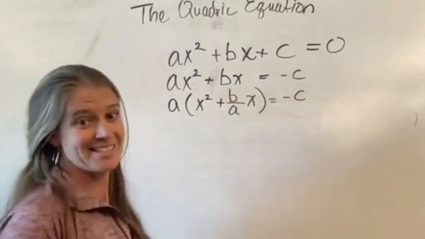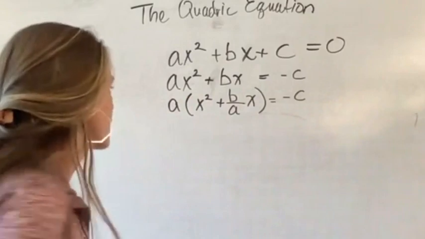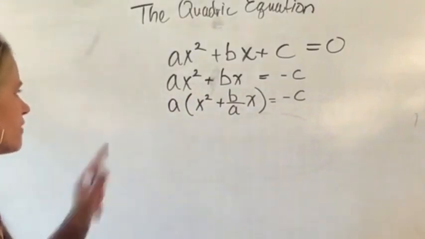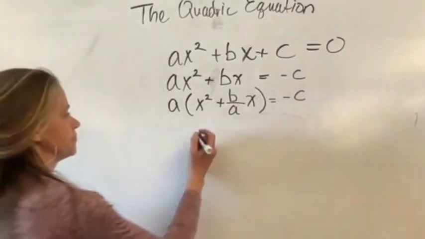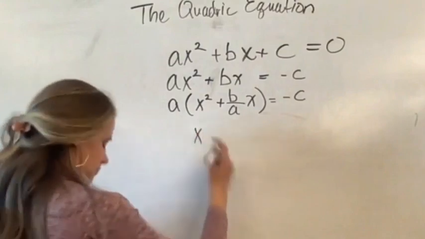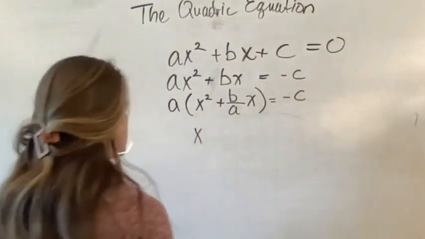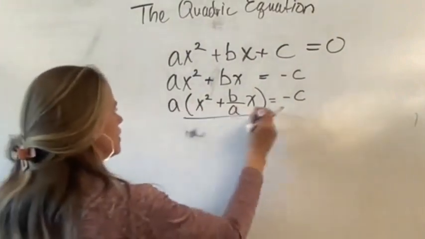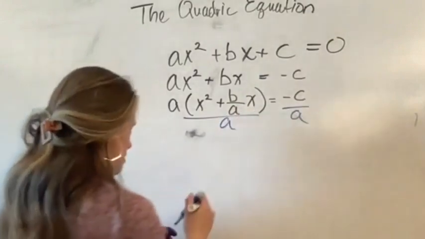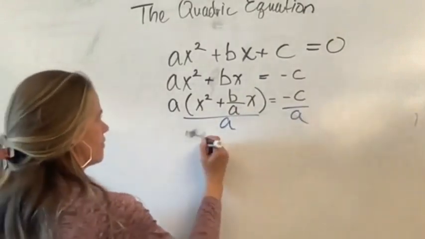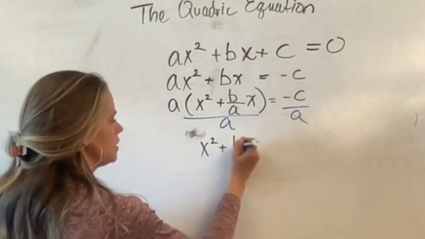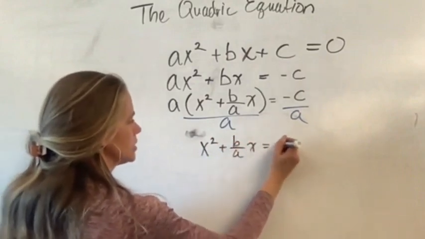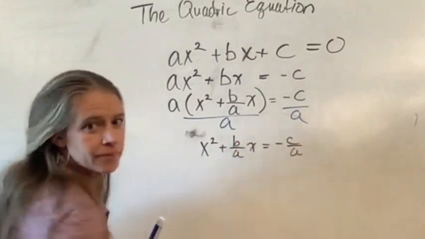So that's kind of like a little trick I have. Okay, divide both sides by a. I'll do that in blue so you can see what I'm doing. So I'm going to say divided by a, divided by a. Then I have x squared plus b over a x equals negative c over a. Cool.